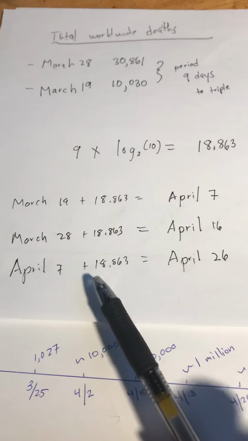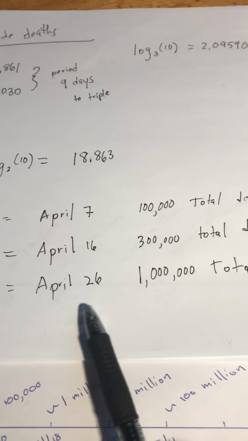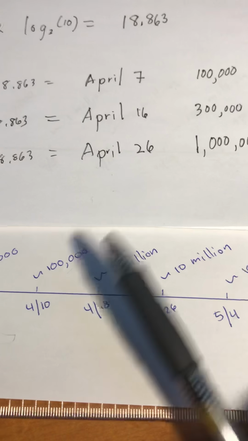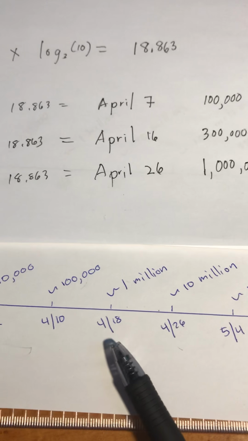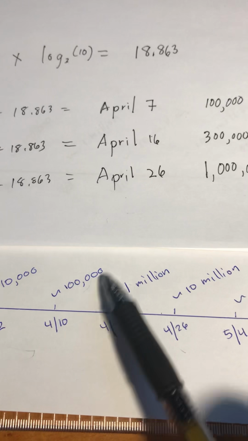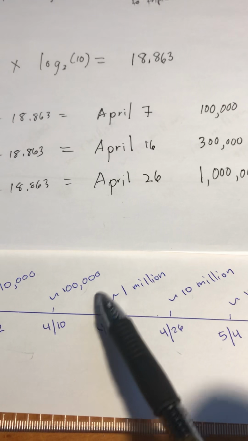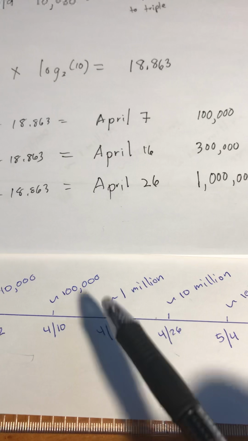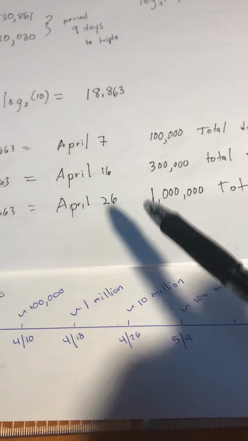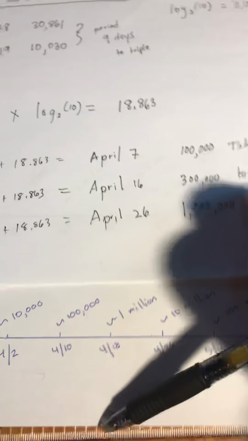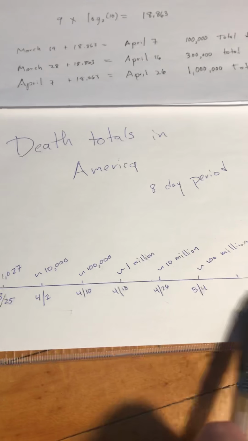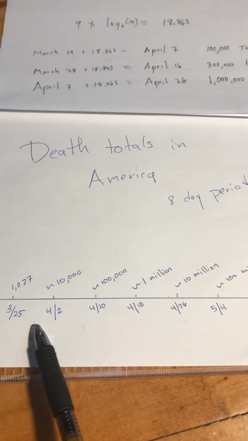Now, this is where it gets dicey. April 26, 1 million total deaths, whereas we achieved that in America by April 18th. We're achieving the same level of deaths 8 days before the world is, and that's impossible because the U.S. is inclusive in the world. So that's telling me, hopefully, that this timeline is much quicker than what the reality is going to be.